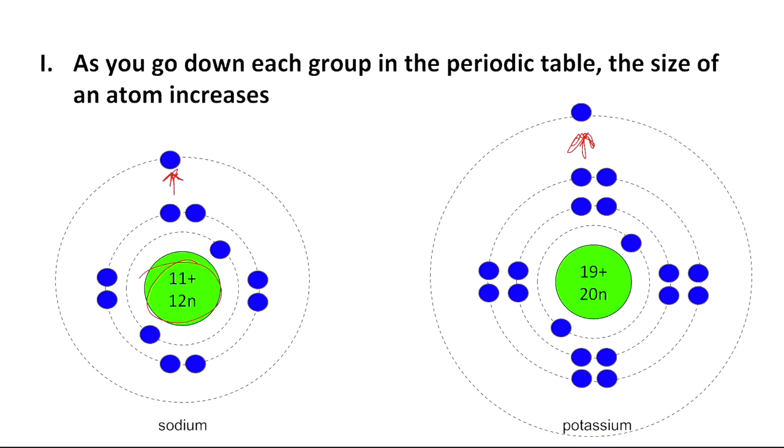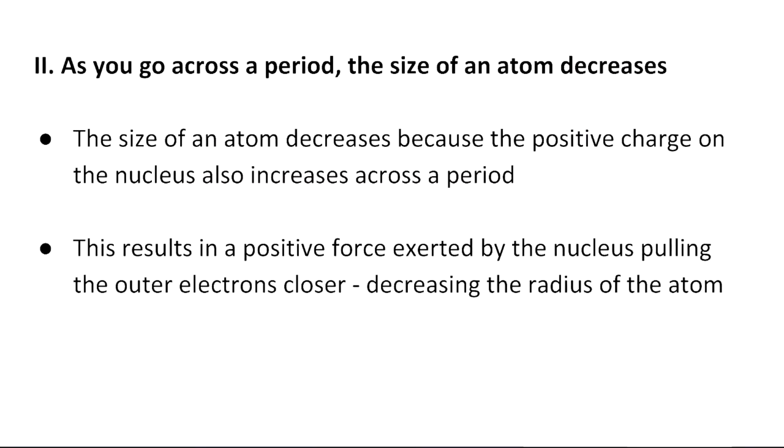So this nucleus does not have the ability to pull them closer. And as we move down the group on the periodic table, we add an additional energy level, thus causing a larger radius. But when we go across the periodic table, the atom decreases.